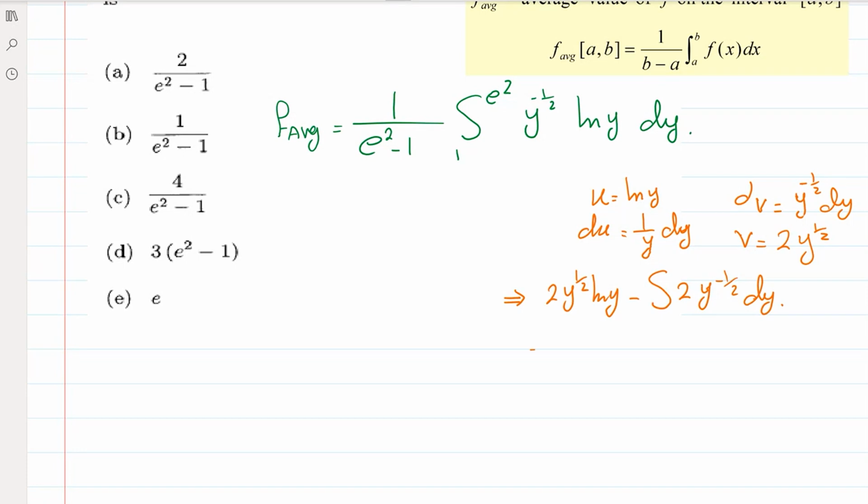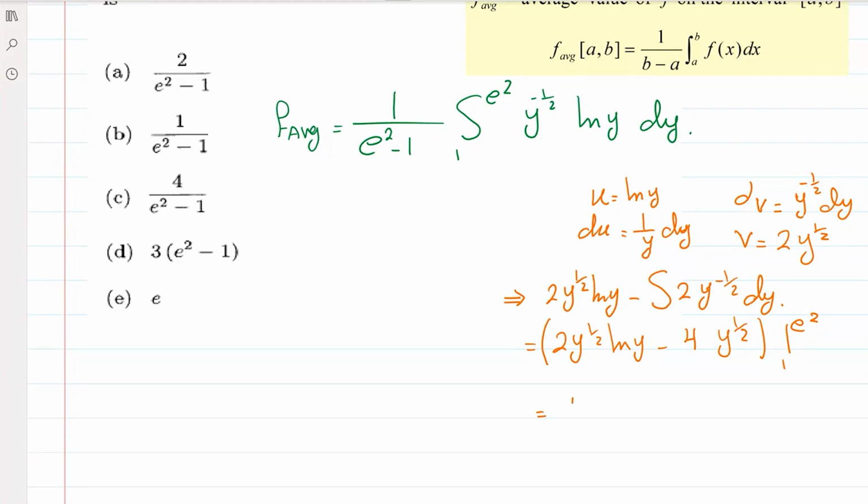If you integrate this one, it will be 2y power half ln y minus 2y power half over half. So this 2 becomes what? 4. Exactly. Note that all of this integration will be from 1 to e square. So if I substitute it, ln e square is 2, and e square under root will be e.